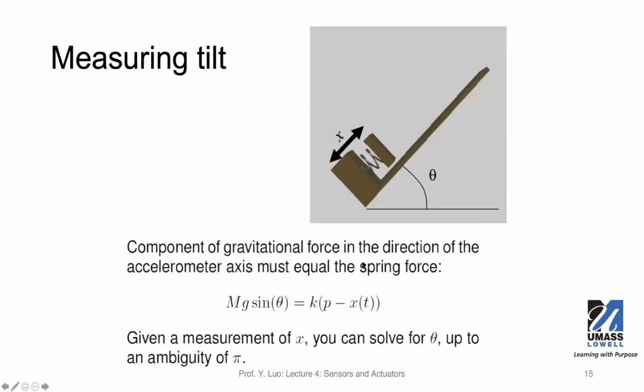Now with this accelerometer, we can also measure the tilt of the device. The way we measure that is very simple. If you tilt this device to a certain degree, assuming, let's say, from the vertical, we tilt this platform in this way with the angle to the horizontal line, there's a theta degree.